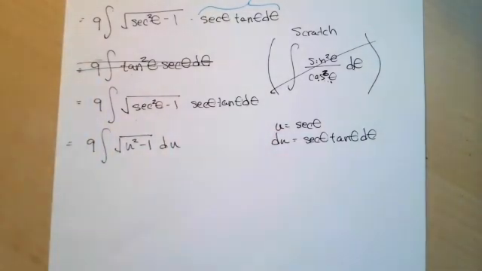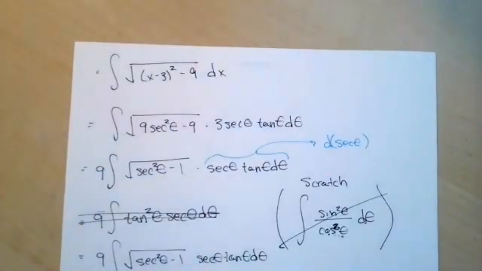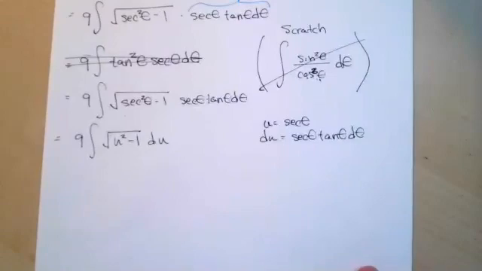And unfortunately, I think that's just getting us back to where we started, isn't it? So really all we're doing is shifting this, right? We have something squared minus a constant once we solve for it. So this integral may not work out.